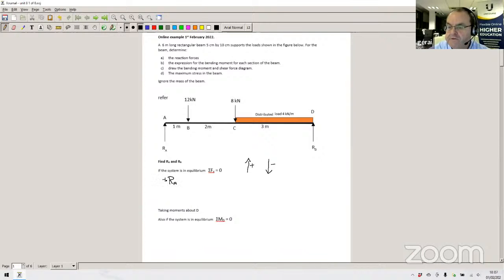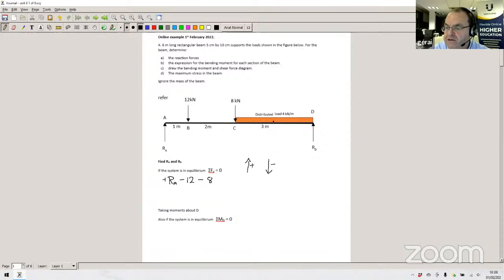and that's positive. The next force is at point B, and that's down, so that's going to be minus 12 kilonewtons. The next one is at point C, so that's going to be 8 kilonewtons. We've also got to bear in mind this distributed load, and that's also acting downwards.